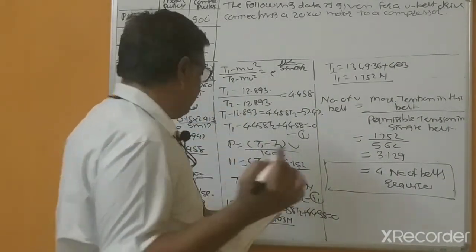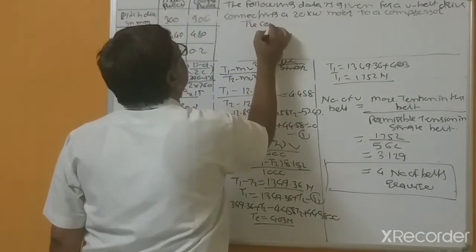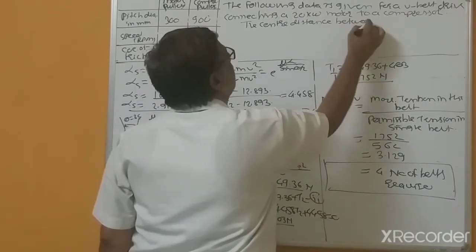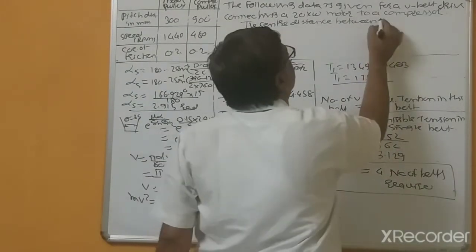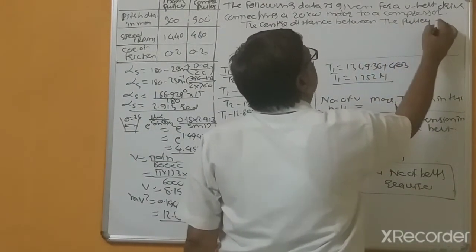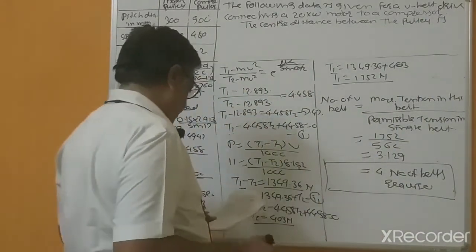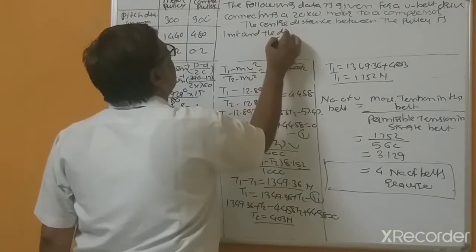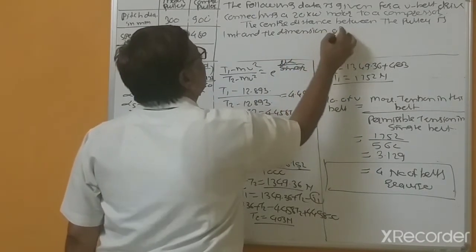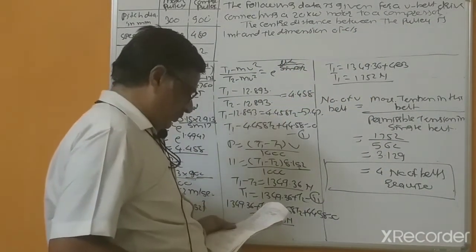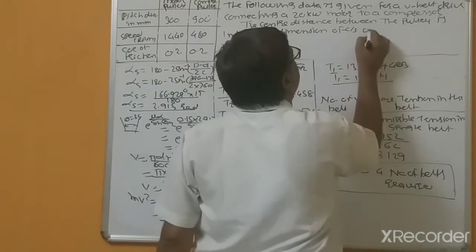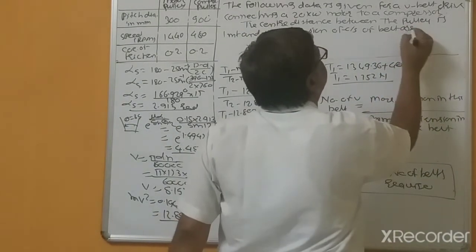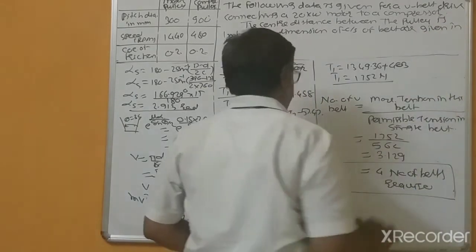The center distance between the pulleys is 1 meter, and the dimensions of the cross section of the belt are given in the figure.